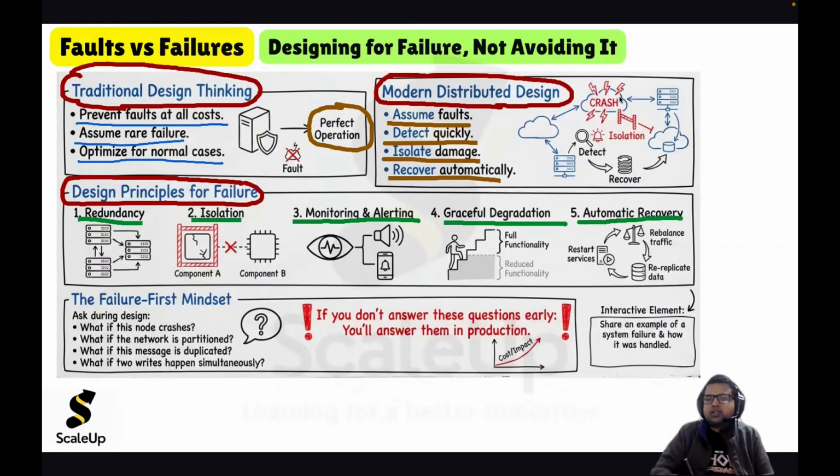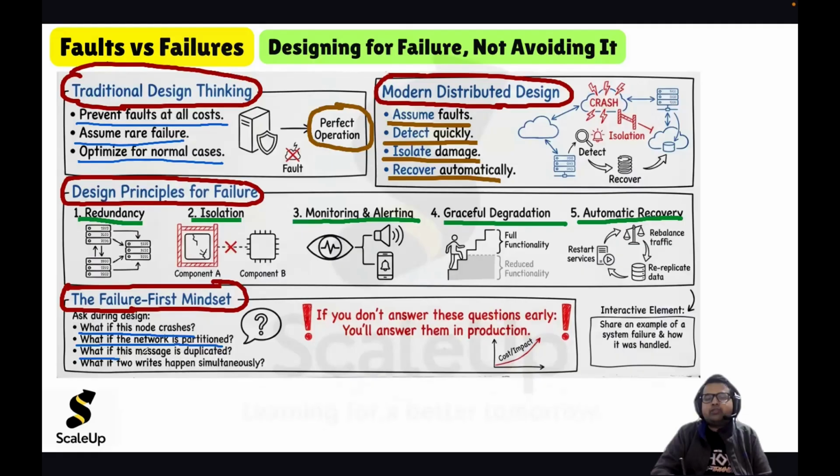Now we'll discuss the failure first mindset. The failure first mindset is that during the system design itself, we have to consider failure as very common, and we should ask questions like: what if this node crashes? What if the network is partitioned?